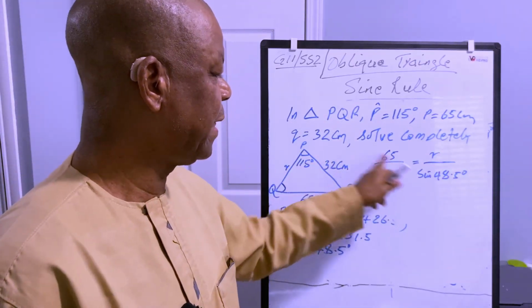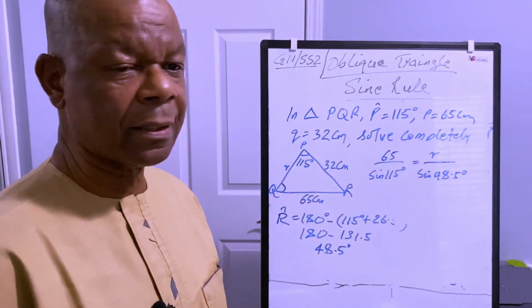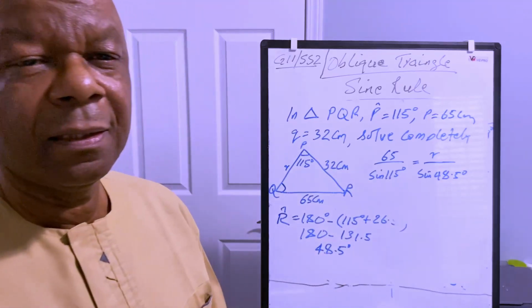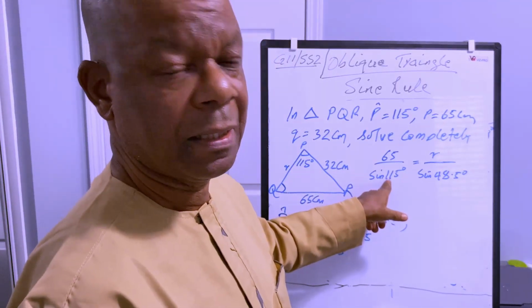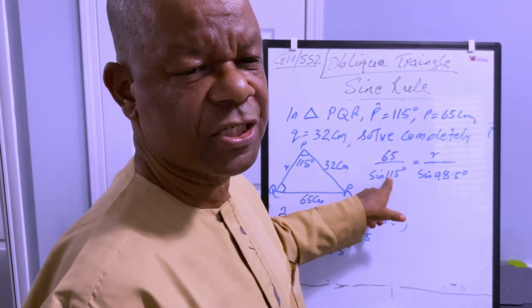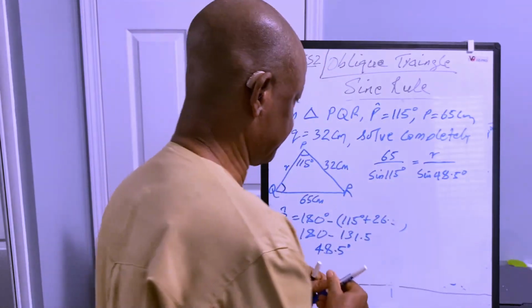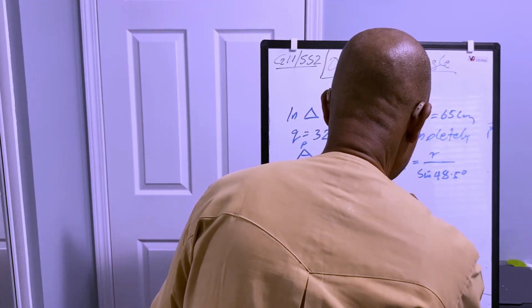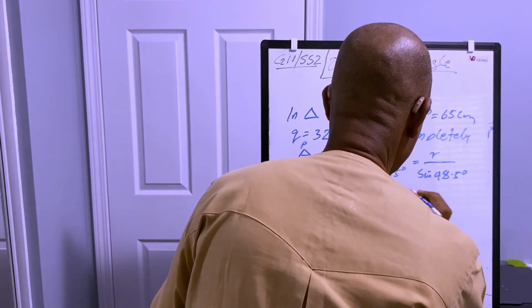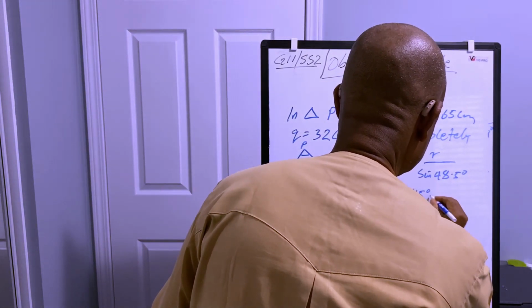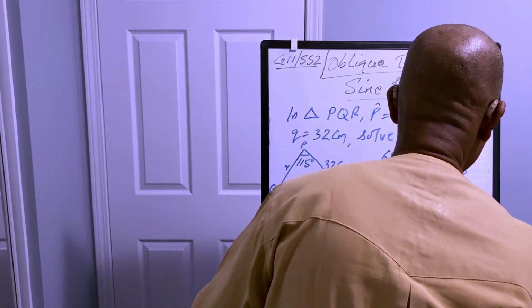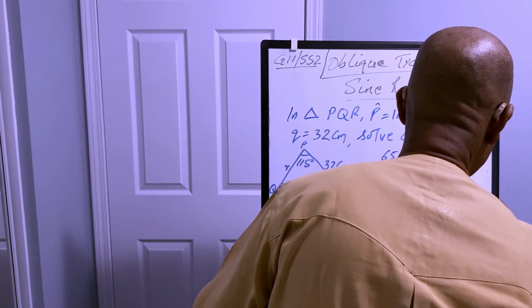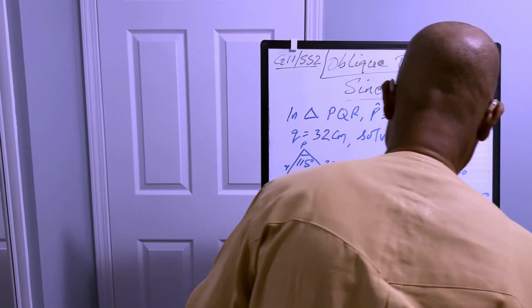Just cross multiply and then single out R. Remember we said that this is the same thing as 65 degrees. Okay, this is R sine 115 degrees equals 65 sine 48.5 degrees.